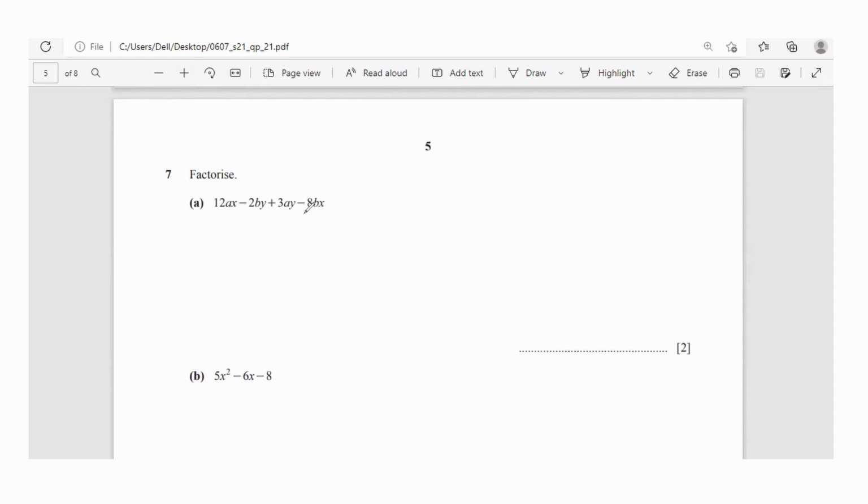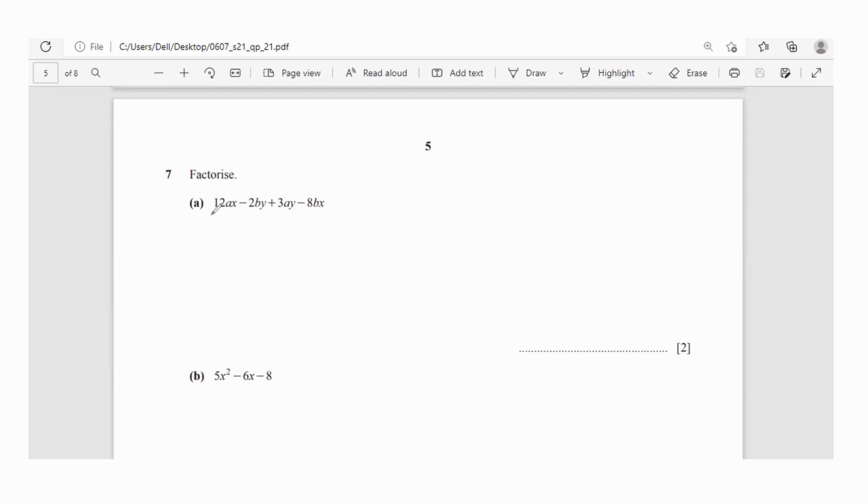Is there any common number or letter which is common for all four terms? No, we don't have any common.